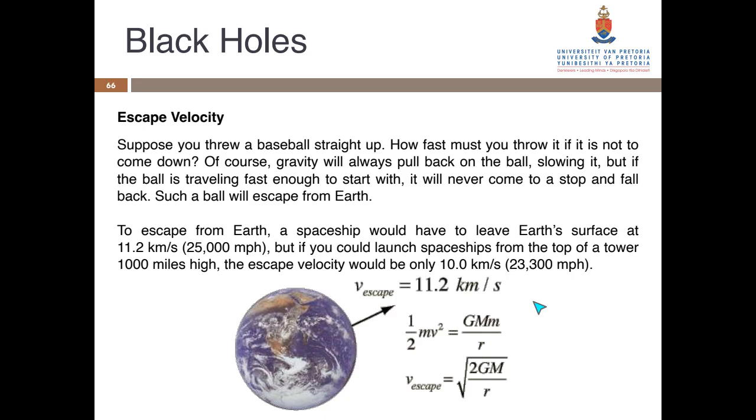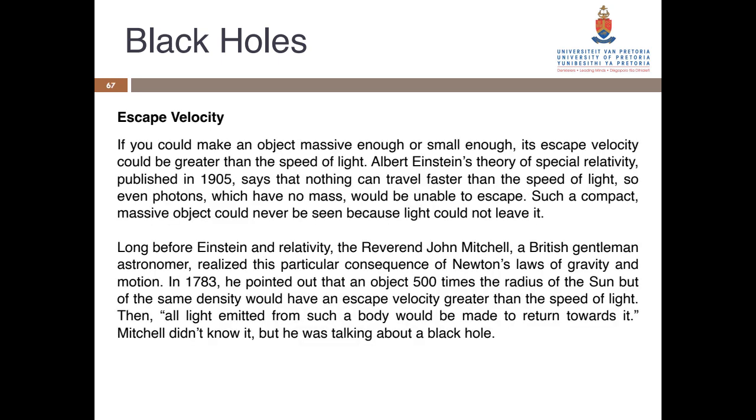Awesome. So those of you that watched SpaceX videos, they're usually aiming for about 27,000 kilometers per hour. And that is the escape velocity of their rocket. So if you could make an object massive enough or small enough, its escape velocity could be greater than the speed of light.